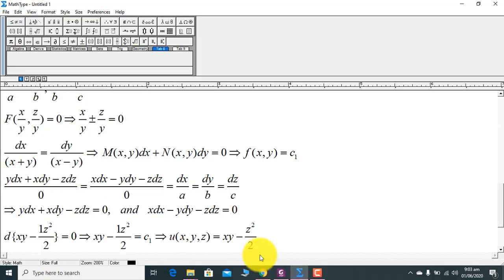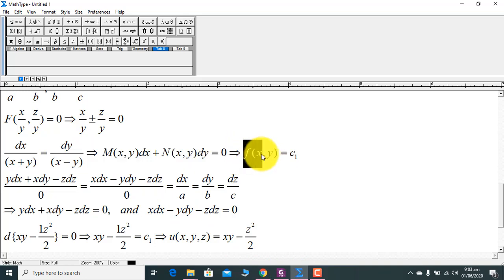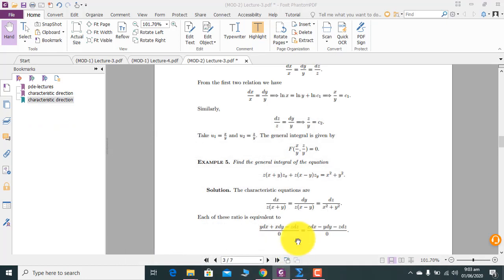Now if you can transform this as m dx plus n dy, you can solve and the answer will be some small f. I don't know what the answer will be, but I'm supposing this is f and the answer will be c1. You can suppose this as u. But for the other side, if you suppose the second and third are equal, differentials of y and z are involved in the relation.